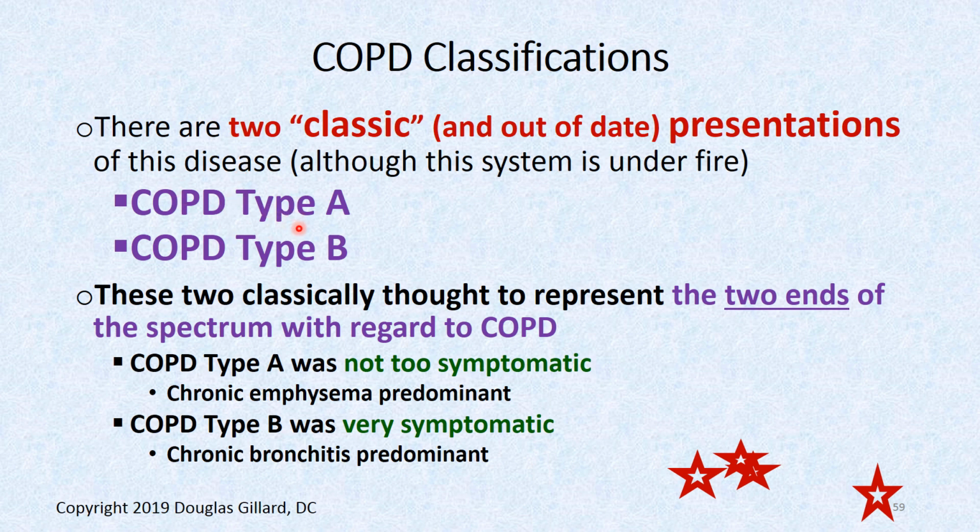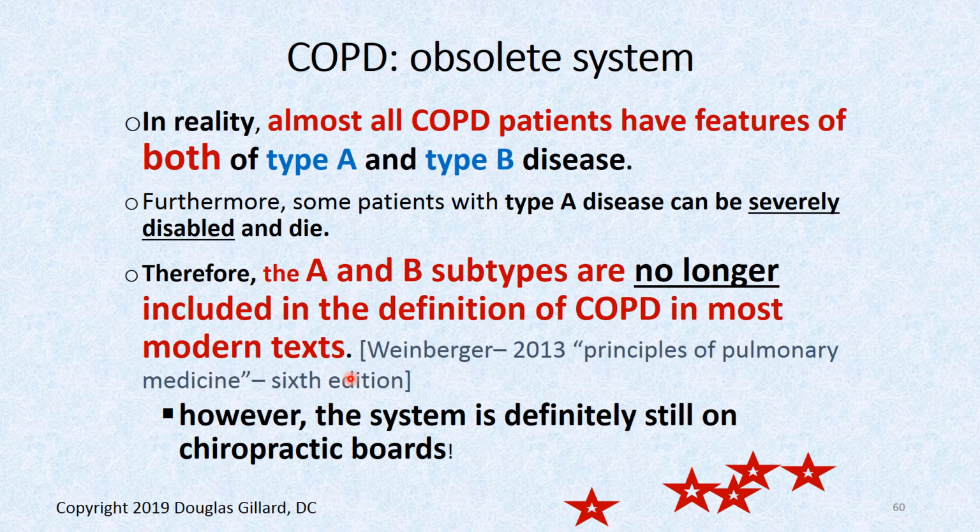Classically, though, it's taught that COPD A patients were not super symptomatic. The A stands for emphysema patients, and the B, these people were very symptomatic, bronchitis, the B goes with B. And that's absolutely ridiculous, right? You can have horribly symptomatic people with emphysema, and they die from this. So it's kind of a ridiculous classification system. Nevertheless, I will teach it to you.